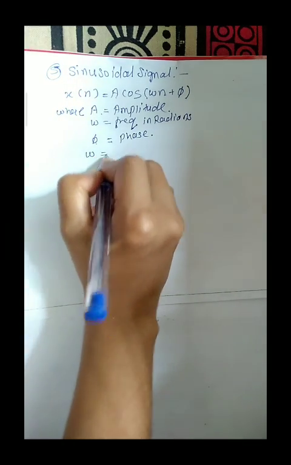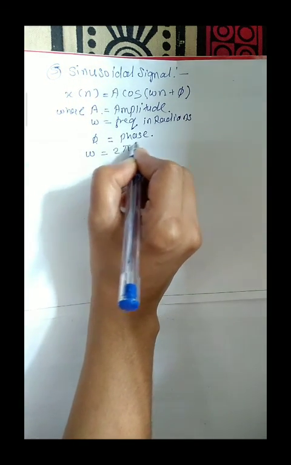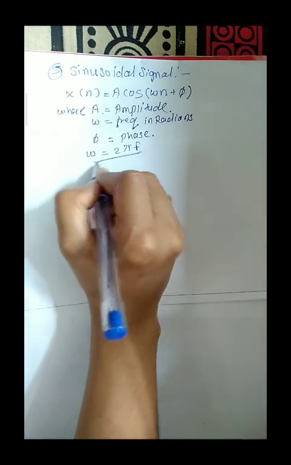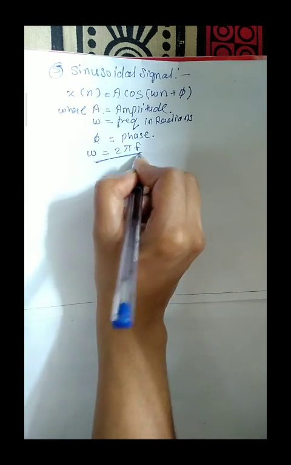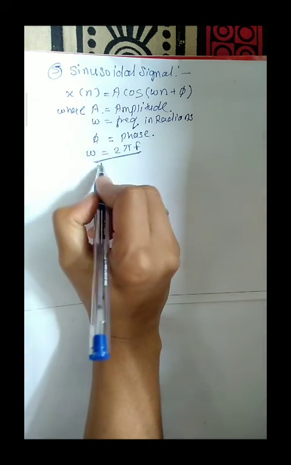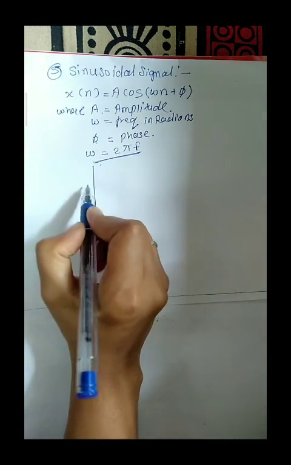Again, the value of omega is 2 pi f, which is used in the next problems. So this wave is basically represented as a sine wave.